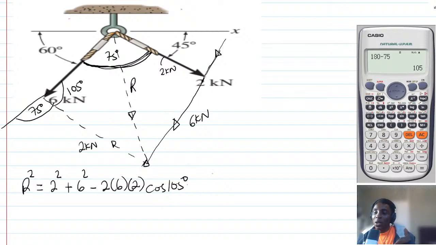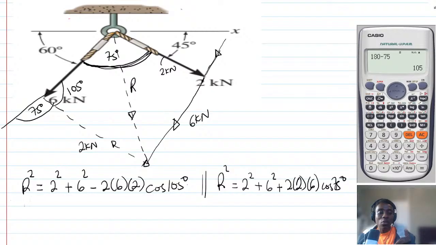Now let me give you a trick. The trick is that whenever the angle is between the forces, it is just going to be 2 squared plus 6 squared plus 2 times 6 times 2 cosine 75. And this will give you the same results.